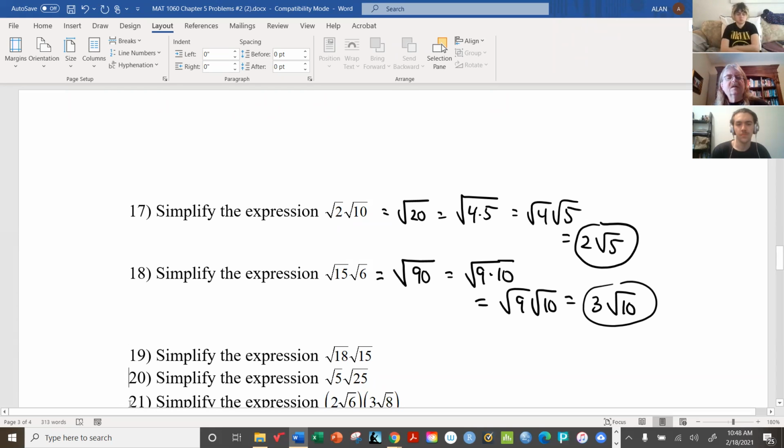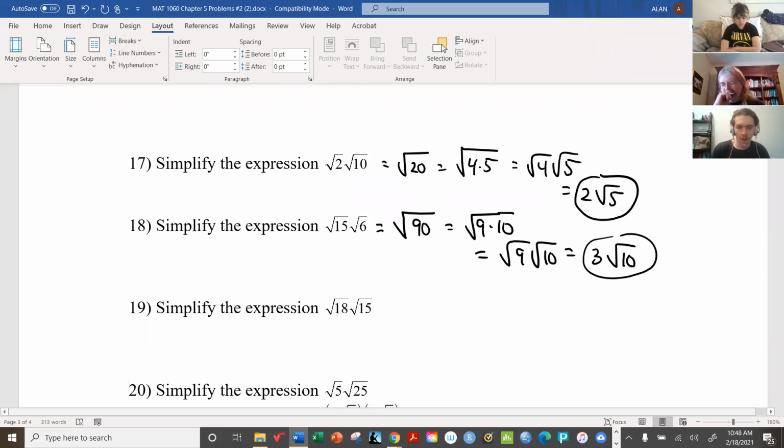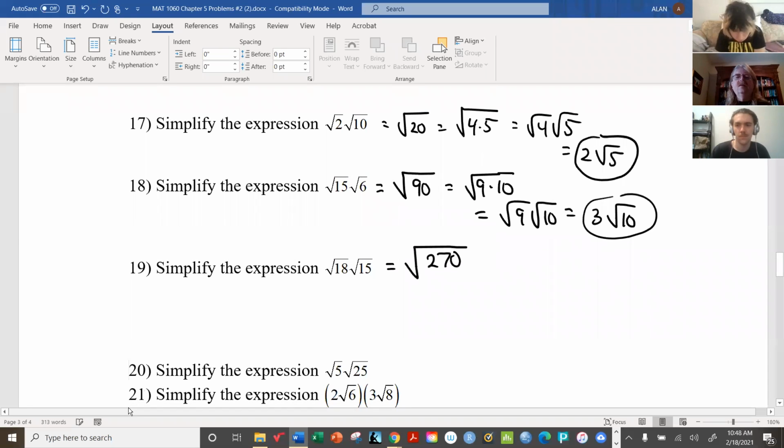Now we'll look at this one. Radical 18 times radical 15. That turns out to be radical 270. I wonder if there's any perfect squares that are factors of 270.